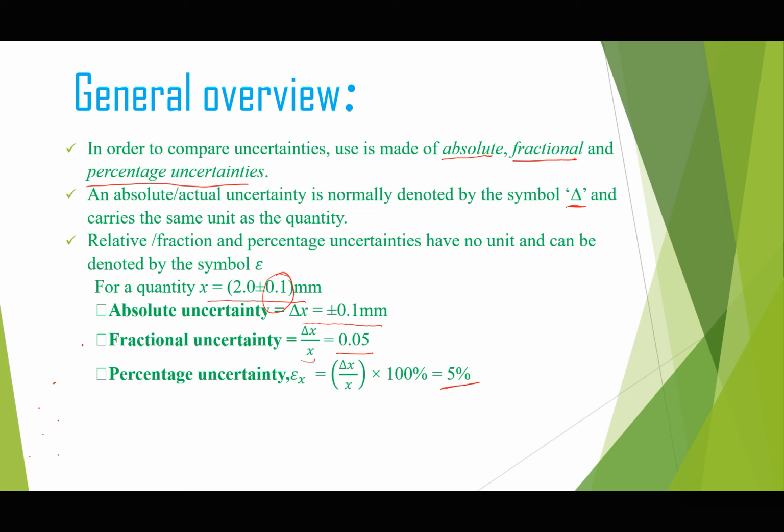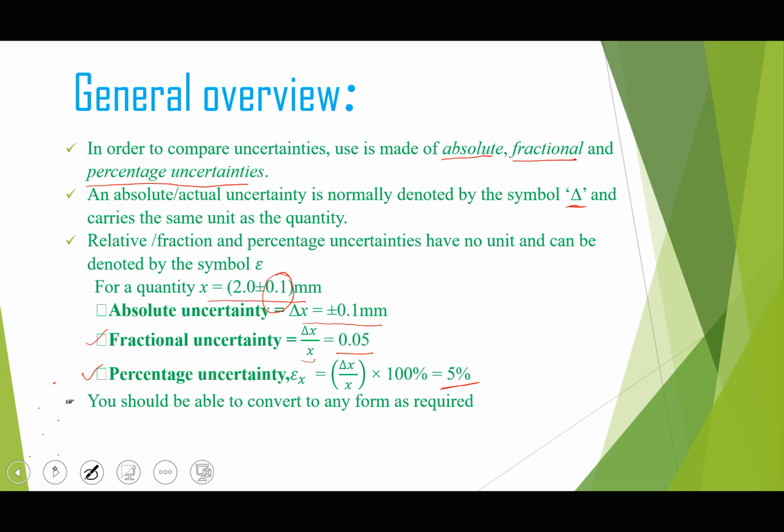So there is a great relationship between the fractional uncertainty and the percentage uncertainty. Percentage is simply expressing the fractional uncertainty as a percentage. So the way we treat fractional uncertainties will be actually the same way we shall treat percentage uncertainties every time, as we are going to see. Okay.